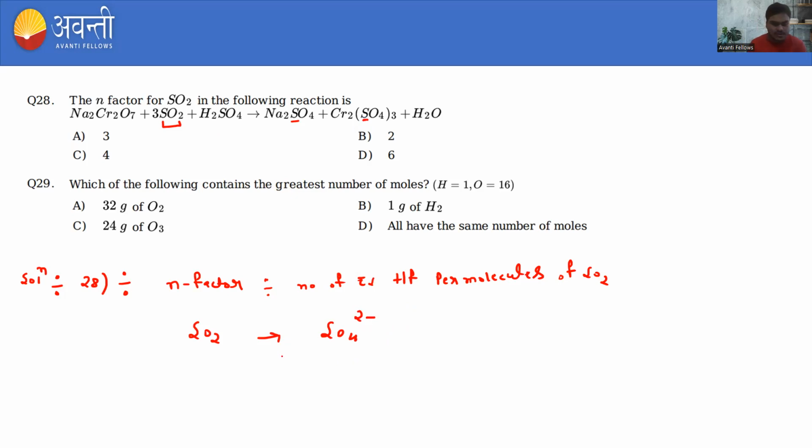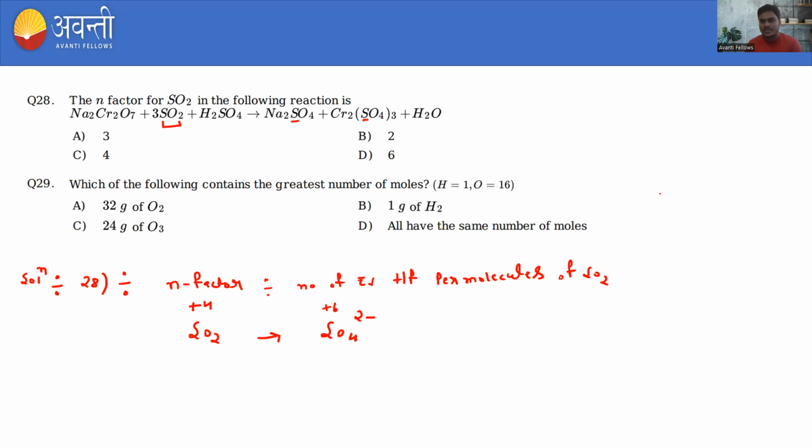How many electrons are lost or accepted? We know that here the oxidation state of sulfur is +4, because oxygen has a -2 oxidation state. Here also oxygen has -2, and sulfur has +6 oxidation state.